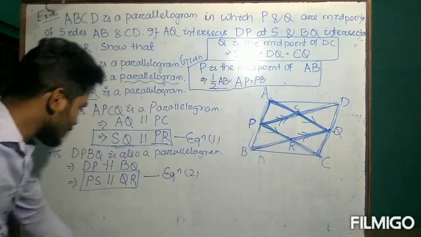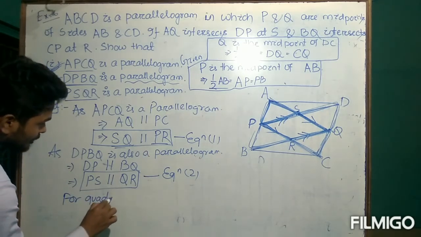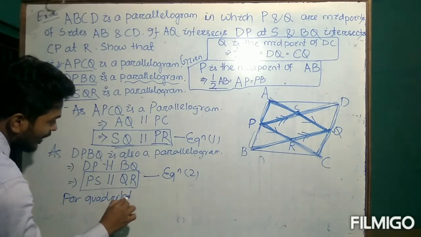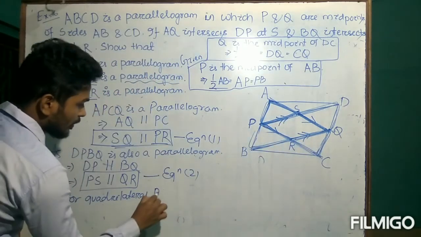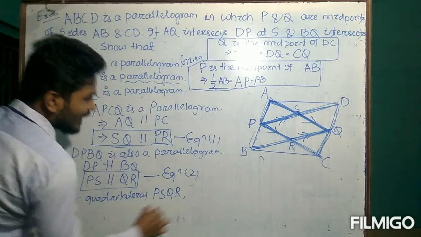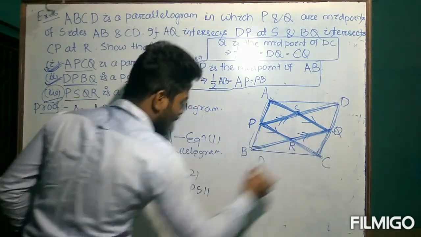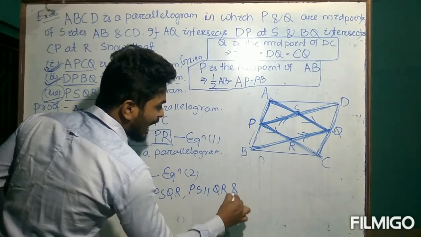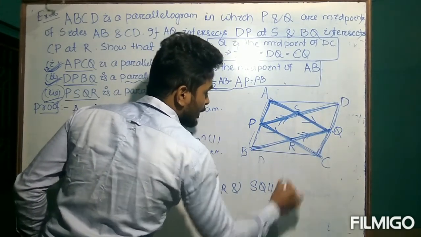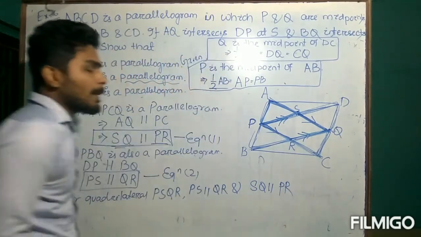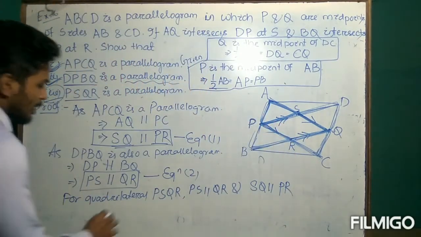So for quadrilateral PSQR, we have found PS parallel to QR and SQ parallel to PR. The pair of opposite sides are parallel, so this quadrilateral is nothing but a parallelogram.